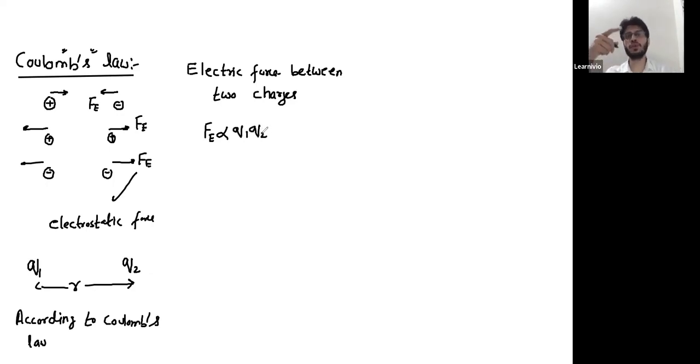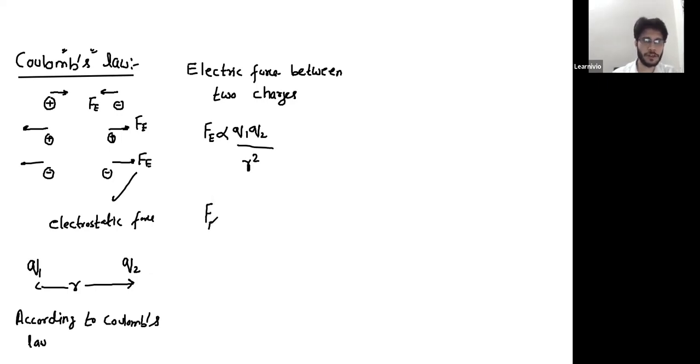Means greater the values of Q1 and Q2, greater would be the magnitude of force. And this is inversely proportional to the square of distance between them. If you keep on increasing the separation between the charges, then force will decrease. It's inversely proportional to R square.